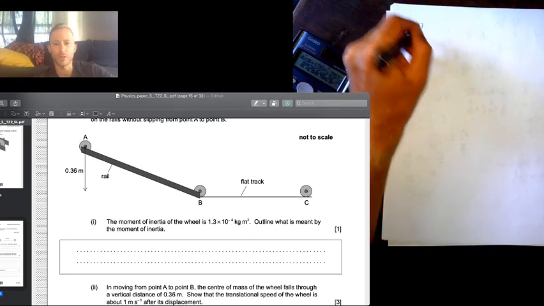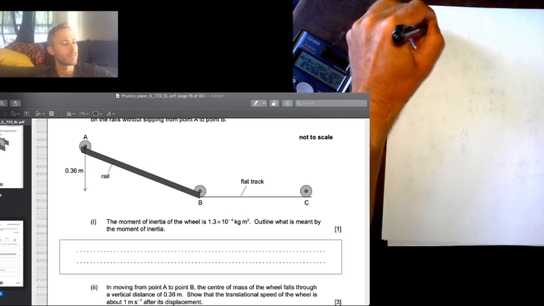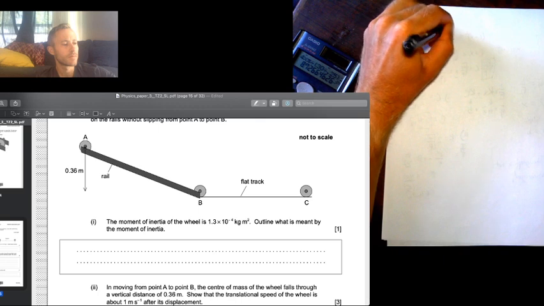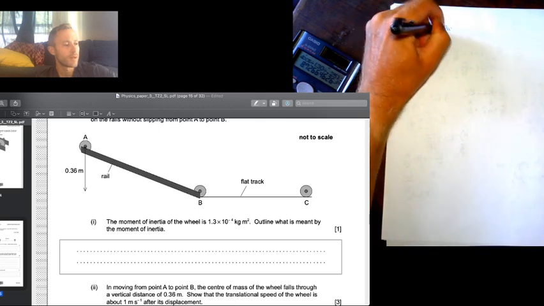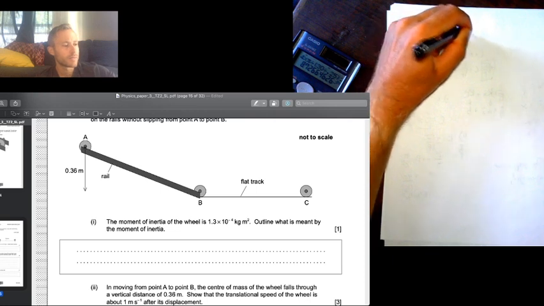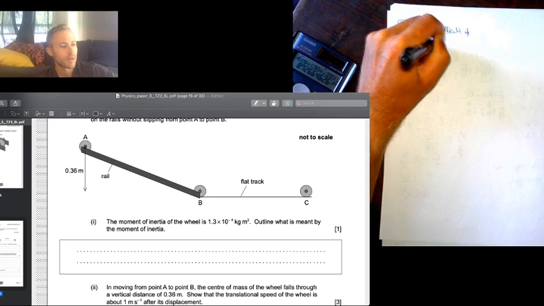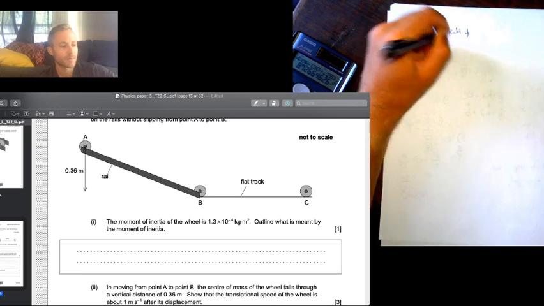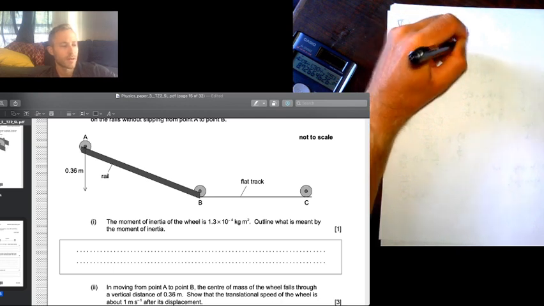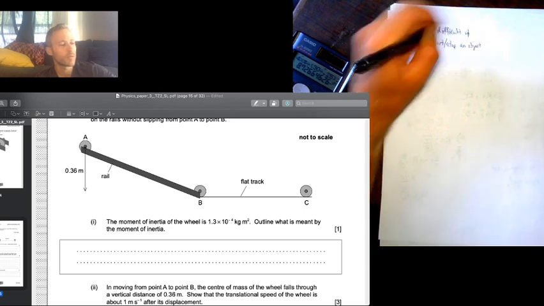So I would say rotational inertia is how difficult it is to start or stop an object from spinning.